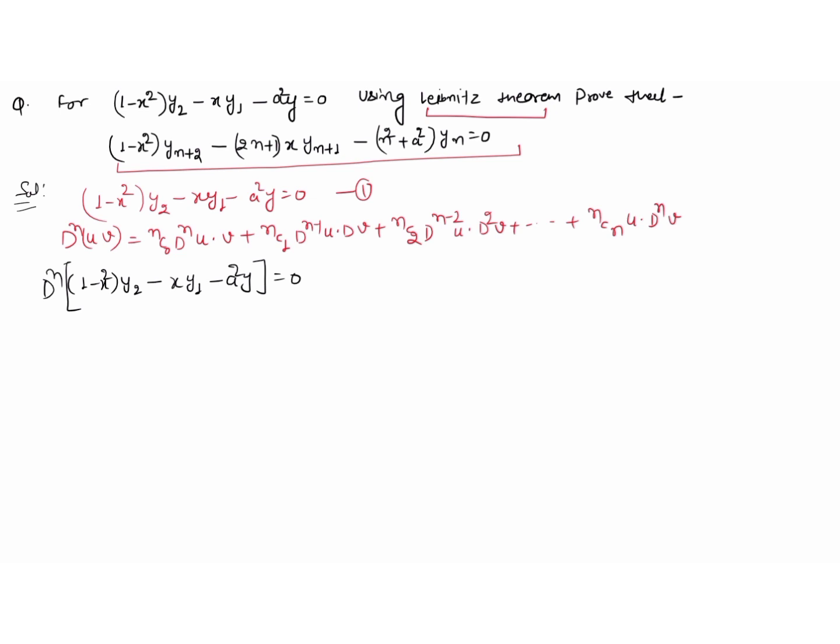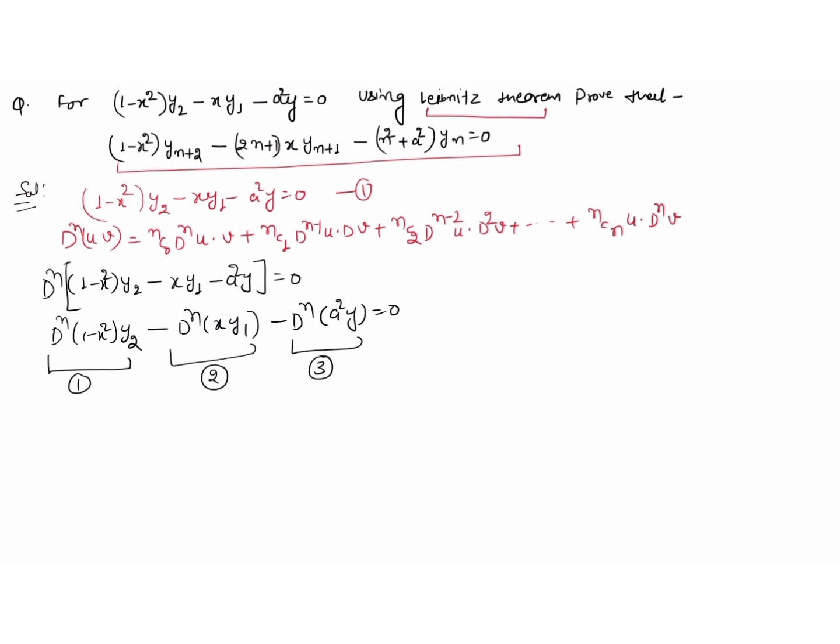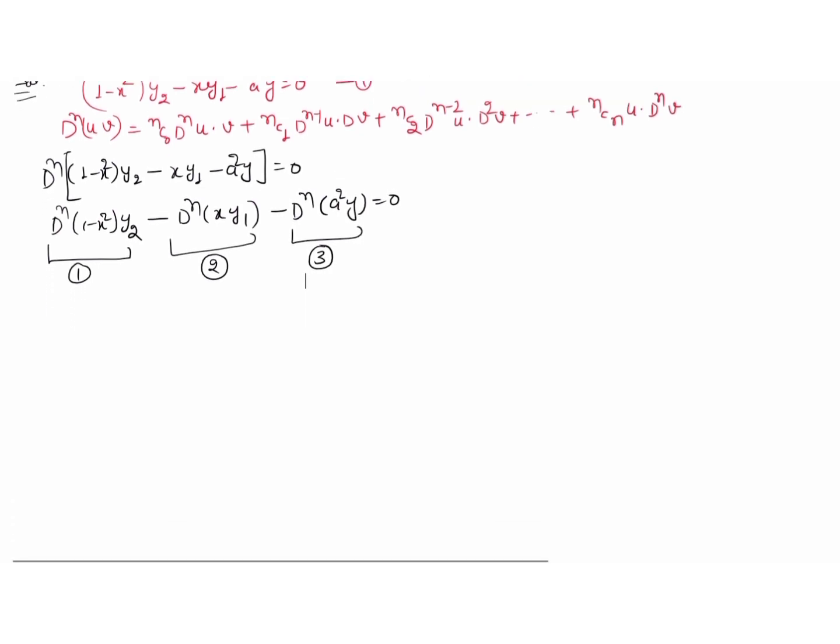So it will split into Dⁿ of (1 − x²) y₂ minus Dⁿ of x y₁ minus Dⁿ of a² y equal to 0. Here we have three terms: this is the first term, this is the second term, and this is the third term. We will apply the Leibniz theorem one by one to each.